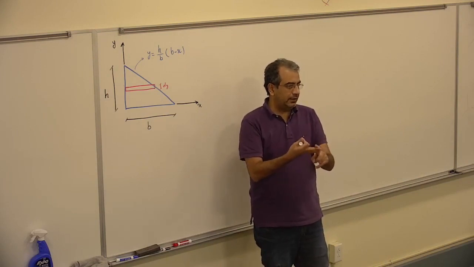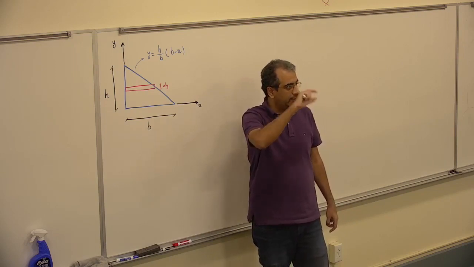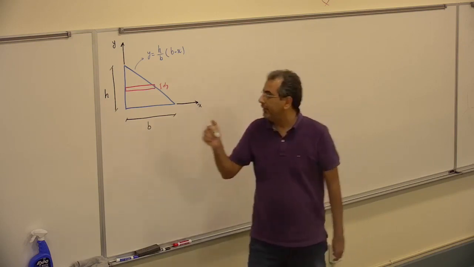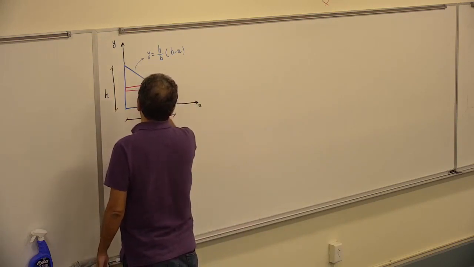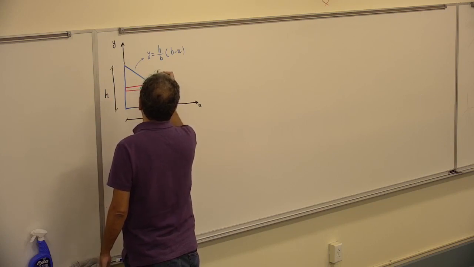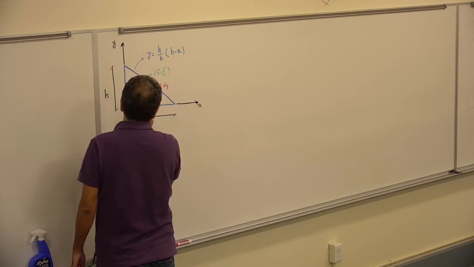These are the three things I have to find: the coordinate for the centroid of the element and the area for the element. If this is the centroid of the element, it has a coordinate of x tilde, y tilde.